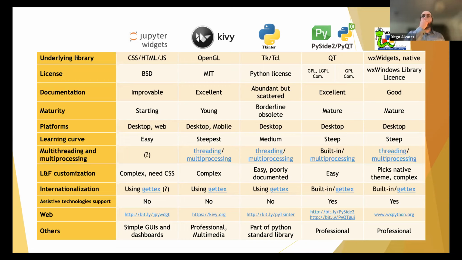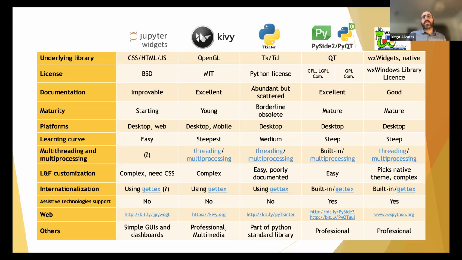Going back to the toolkits, documentation. This again is somewhere where you will find a lot of differences. Jupyter widgets, there is documentation, there's an official documentation webpage, but it's not that detailed and it's certainly improvable. Kivy, I bet you have never heard of Kivy. It's a relatively young toolkit, but it has excellent documentation.